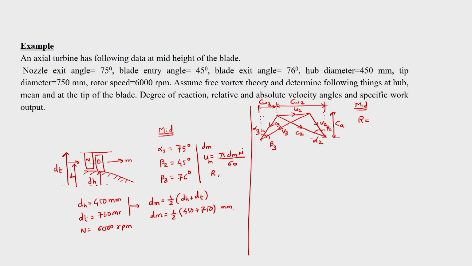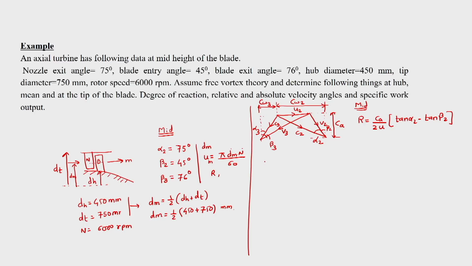For R we know the formula, which is Ca upon twice U into tan of alpha 2 minus tan of beta 2. This is the formula for R, the degree of reaction, but we don't know Ca.